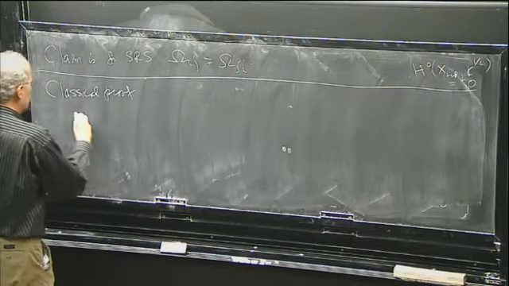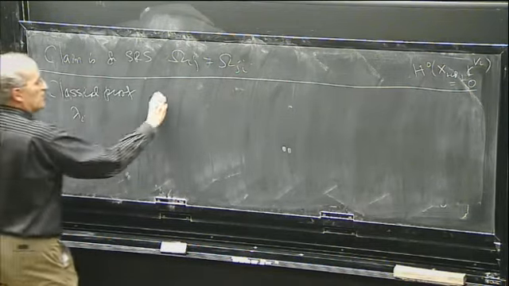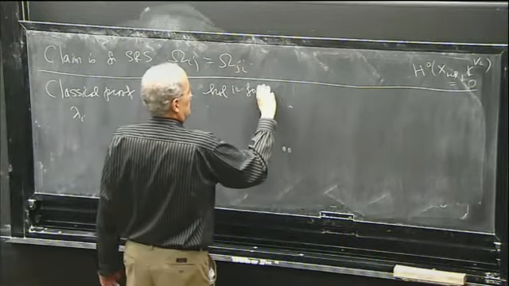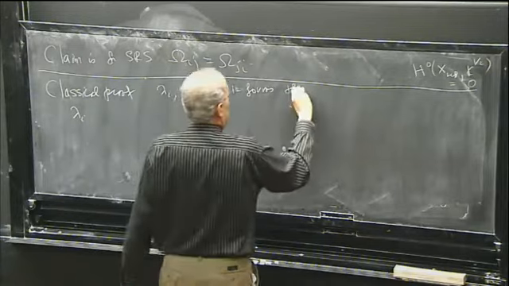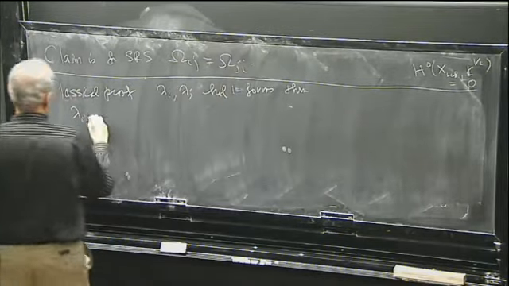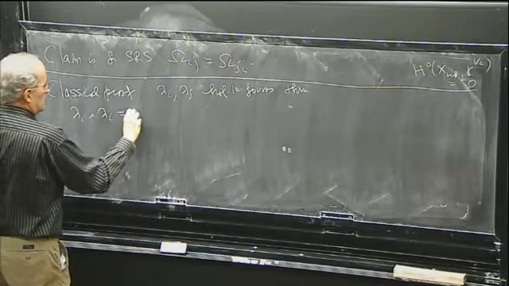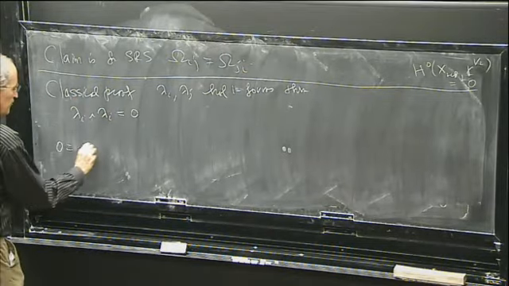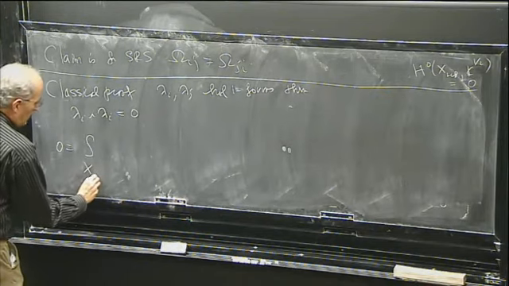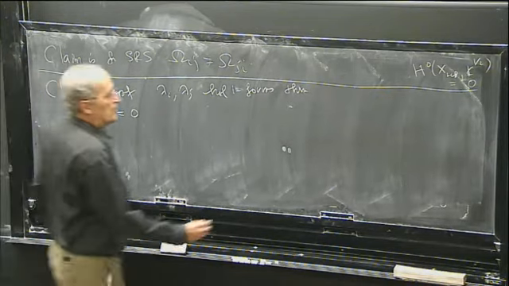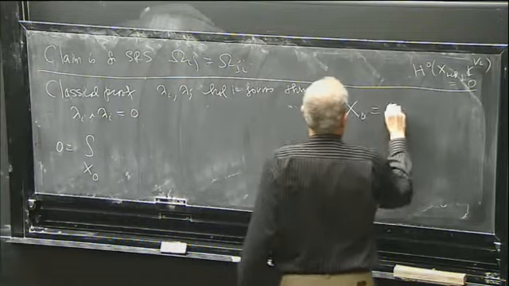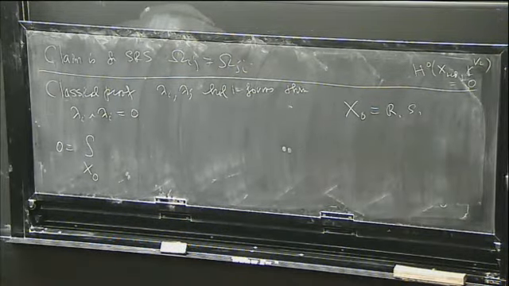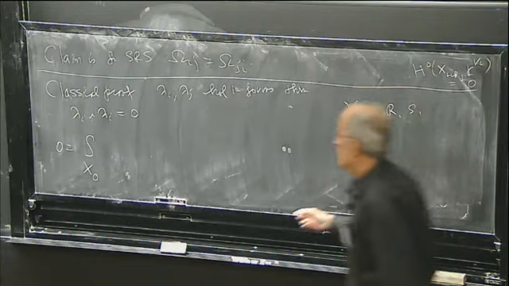The classical proof, you say that if lambda I and lambda J are holomorphic 1 forms, then lambda I wedge lambda J is 0. So 0 is equal to the integral over X0, I'll write X0 for a classical Riemann surface. I don't want to call it X reduced because I'd prefer to write the classical theory without talking about super Riemann surfaces.